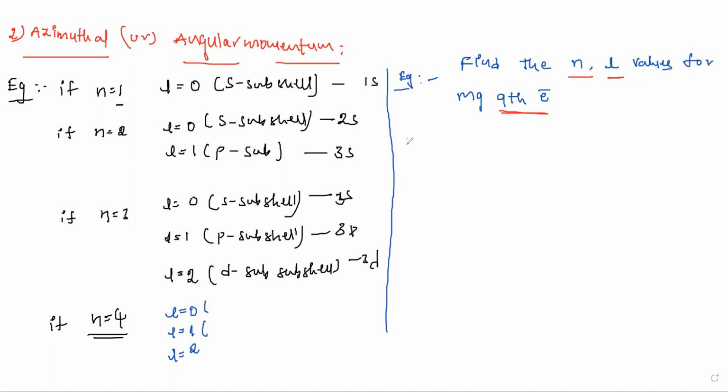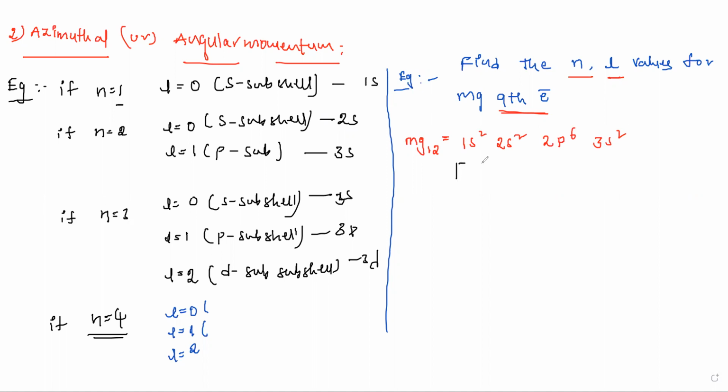To find this, we have to write the electronic configuration of magnesium. Its atomic number is 12. Its electronic configuration is 1s2, 2s2, 2p6, 3s2. This is the magnesium electronic configuration, right?